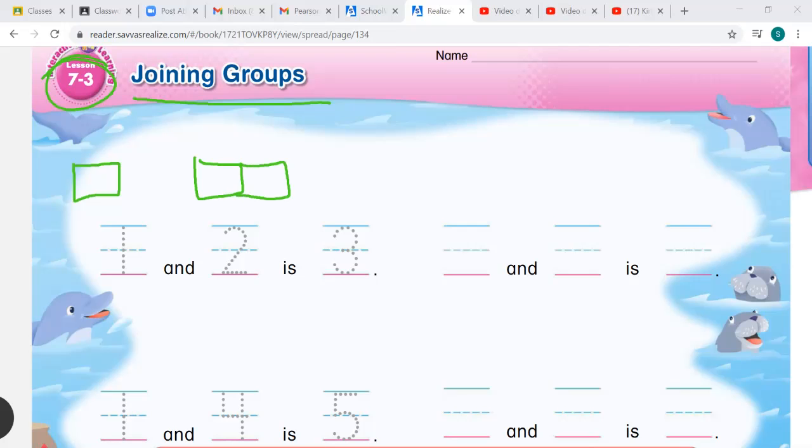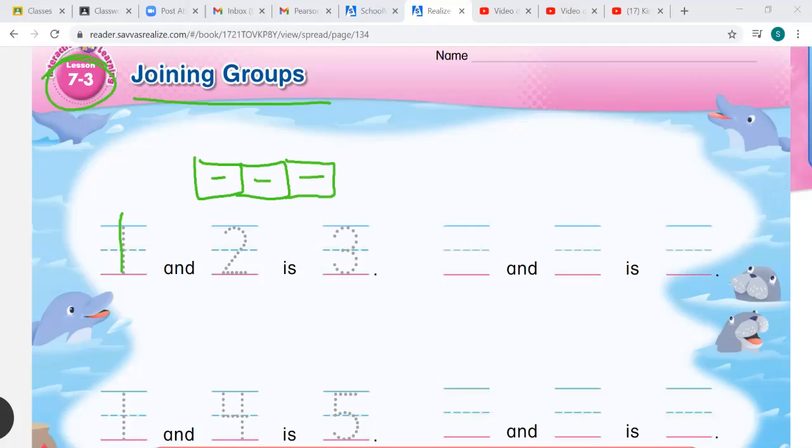So first, I'm going to erase this one, and I'm going to add it to this group of cubes. So now we connected the cubes together, and we have 3. 1, 2, 3.